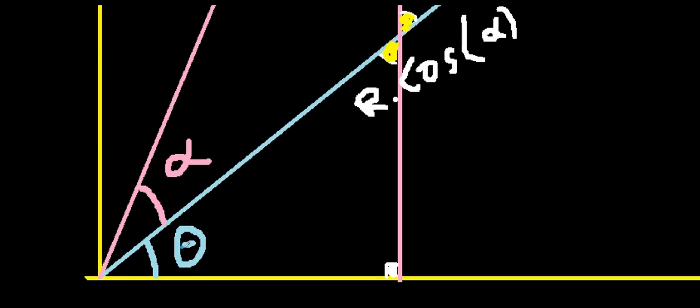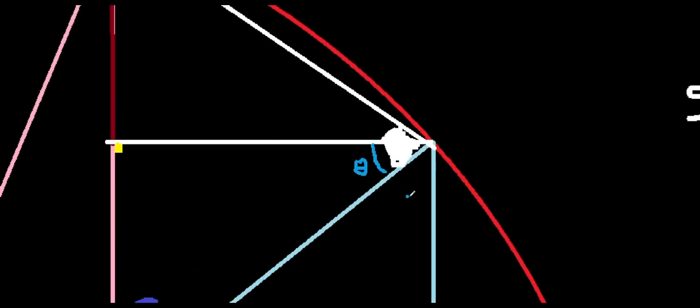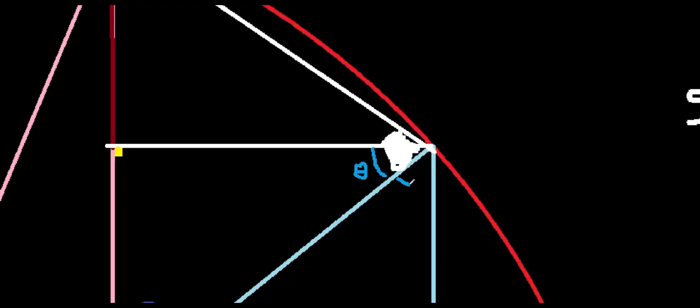If theta has a complement, it will be beta. So this perpendicular complement of theta is beta.